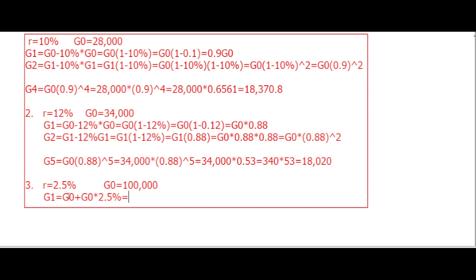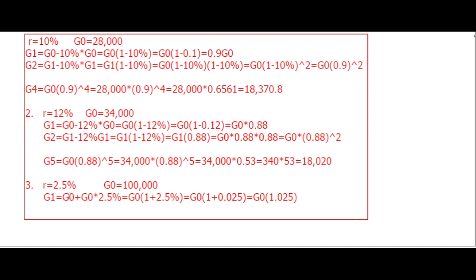Let's take common G naught, into 1 plus 2.5%, which is G naught into 1 plus 0.025, which is G naught times 1.025.